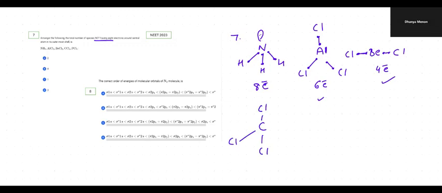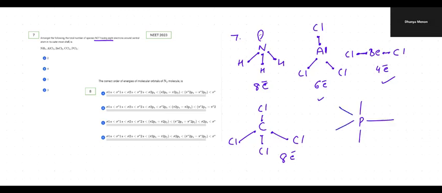So 1, 2, 3, 4, 5, 6, 7, 8. So this has 8 electrons, so complete octet. Okay. Then PCl5, P, Cl5.